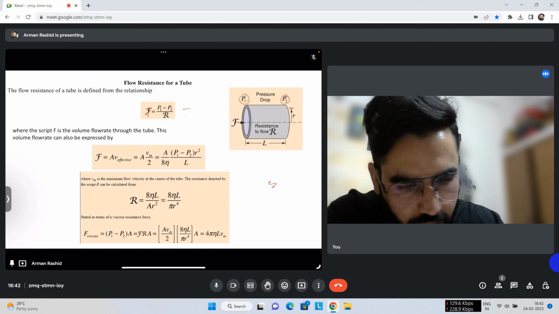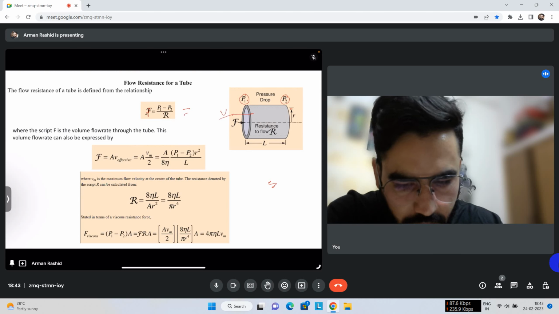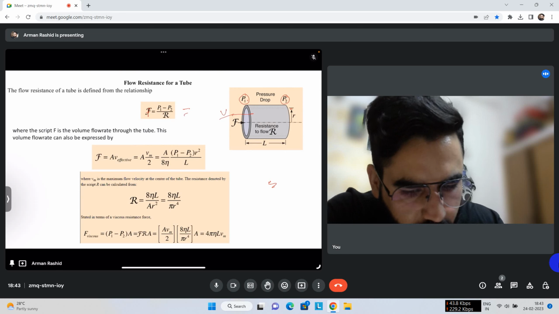F is the volume, the amount of liquid in terms of volume that has flowed through the tube. If the average molecules have effective speed Vf, then we can determine this volume flow by taking this velocity multiplied by the area of cross section.